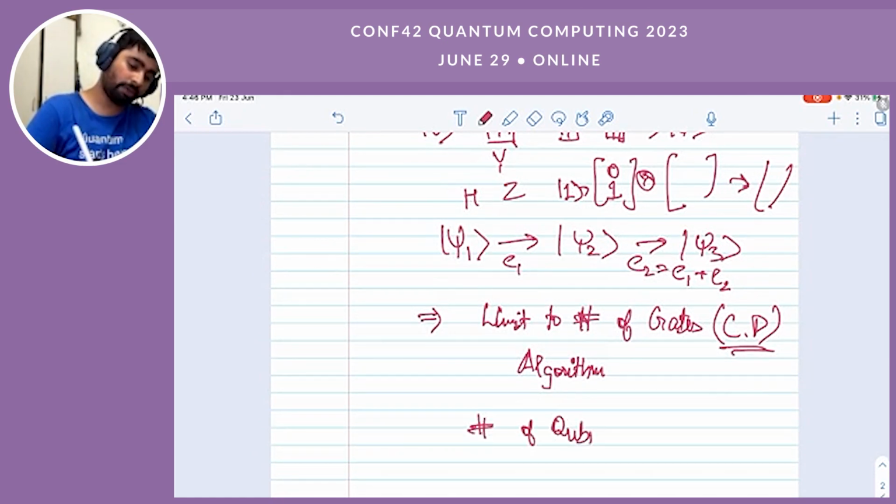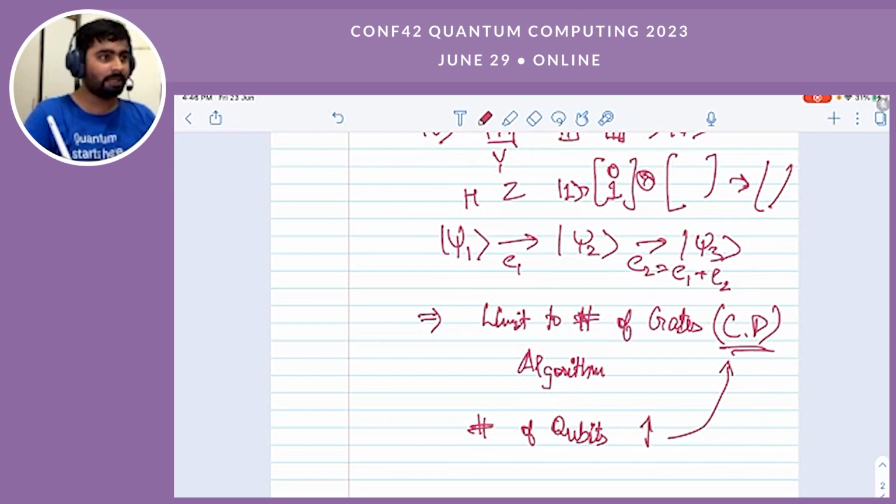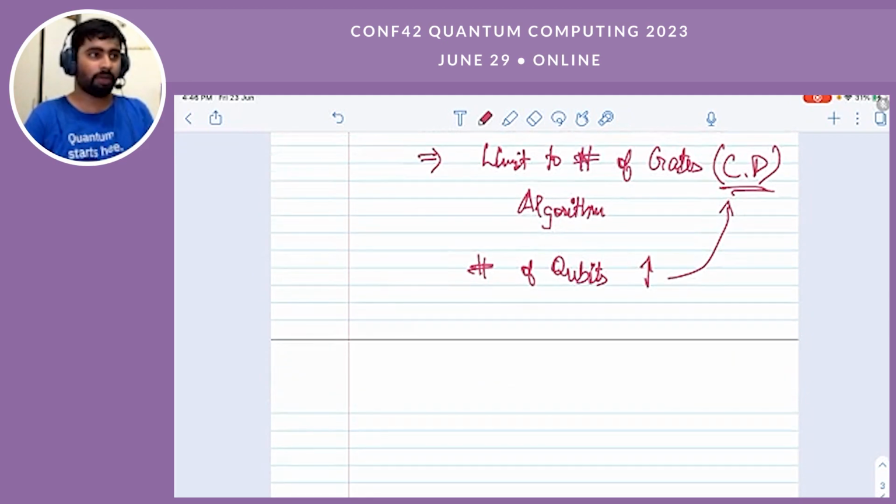But it's also important to understand that when you increase the number of qubits, you are in some sense also increasing the circuit depth, because more qubits require more gates, right? So circuit depth and number of qubits both become an equal problem when you're talking about the scalability aspect of current hardware.